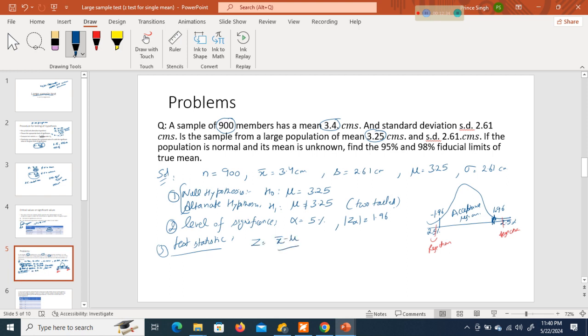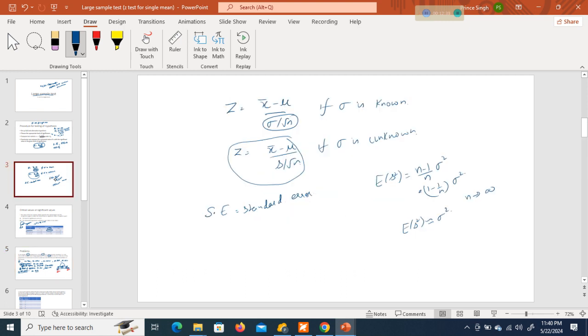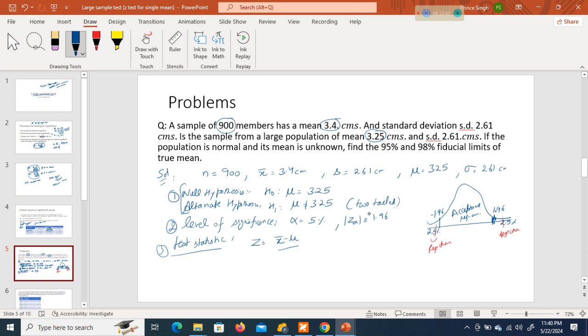I told you if sigma is known, we use this formula. If sigma is unknown, we can use the sample standard deviation when the population one is not given. But because population standard deviation is given, we use sigma upon square root of n only.